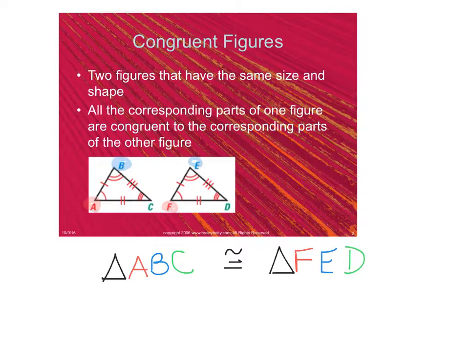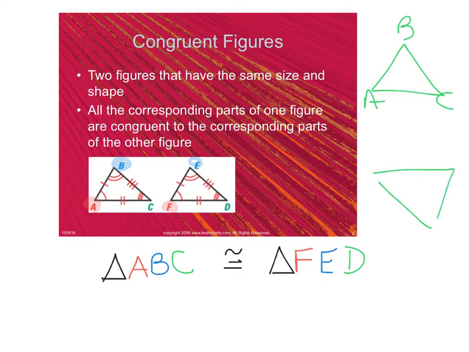So if your triangles don't have congruency marks in them like this did, let's say you just had two triangles, and the first triangle they wrote as A, B, C, but then they flipped the other triangle upside down, and you weren't sure exactly what matched. What you can refer back to is this statement over here. This statement will tell you exactly which angles to match.